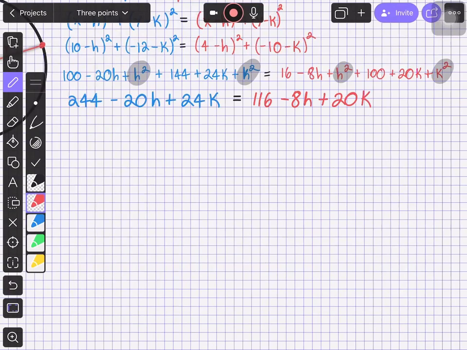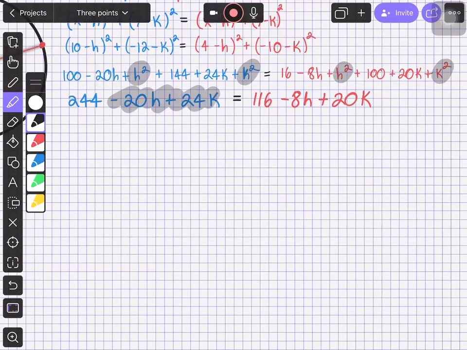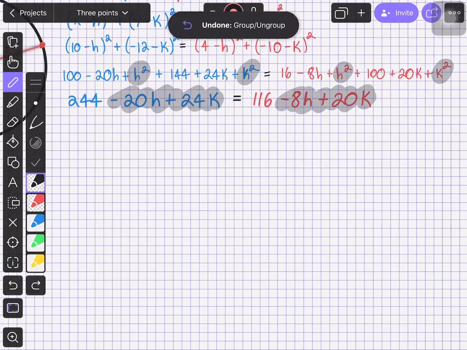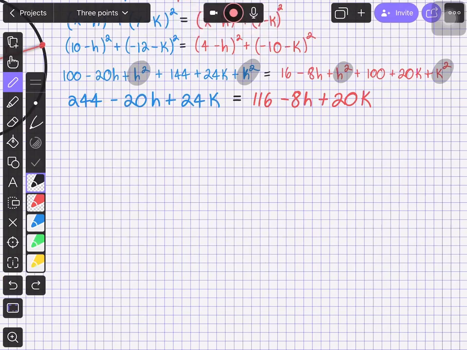Now from here, we're going to leave the variables on the left side of the equation and the numbers on the right side. So we have negative 20h plus 8h is negative 12h.